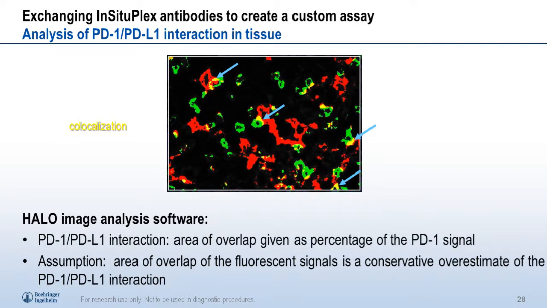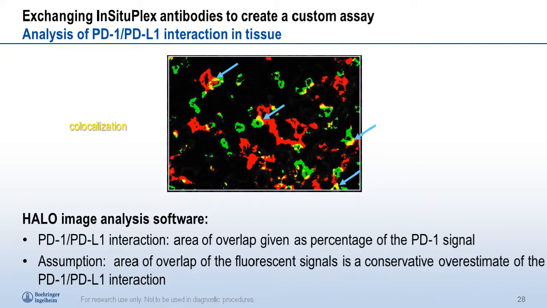And this is a contrived assay. Certainly, we don't have the resolution to be able to say that there's an actual interaction between PD-1 and PD-L1, but we consider this to be a conservative overestimate of the amount of PD-1 and PD-L1 interacting, which was sufficient to ask our question.